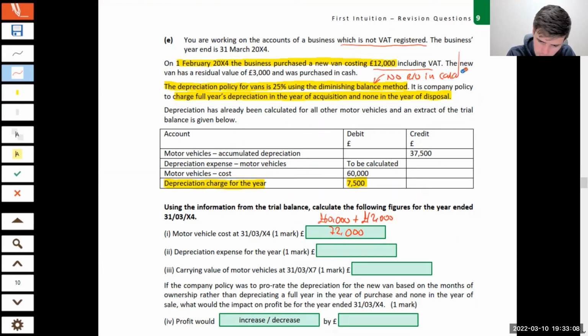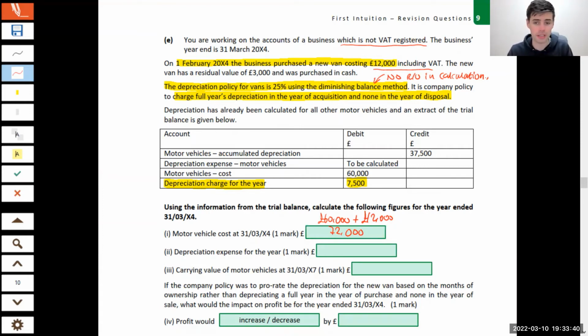If I was using the straight line basis or the units of output, then I would take into account the residual value. I don't do that with the diminishing balance. The question is trying to catch you out by putting it in there. I don't need it here. I'm simply going to do capitalized amount times by a percentage. That is it, okay? So I've already got £7,500.